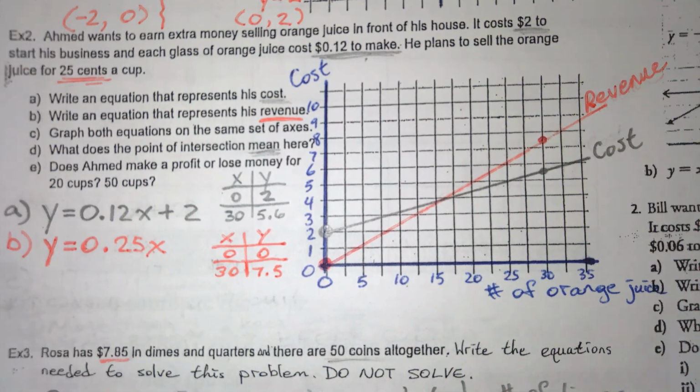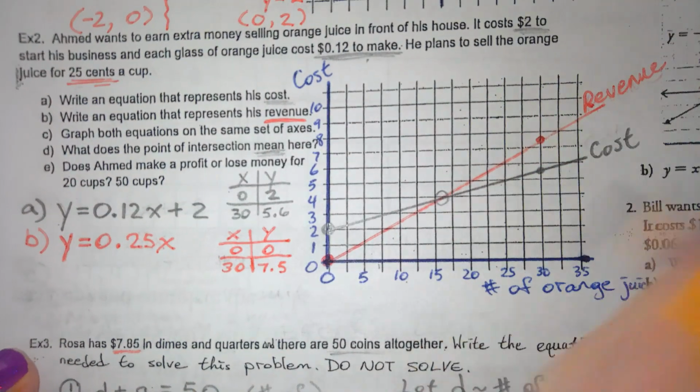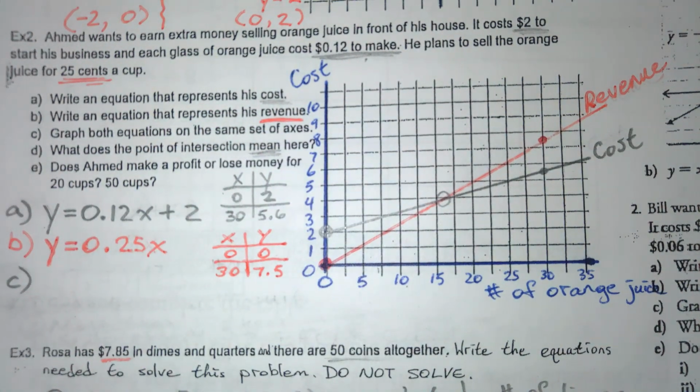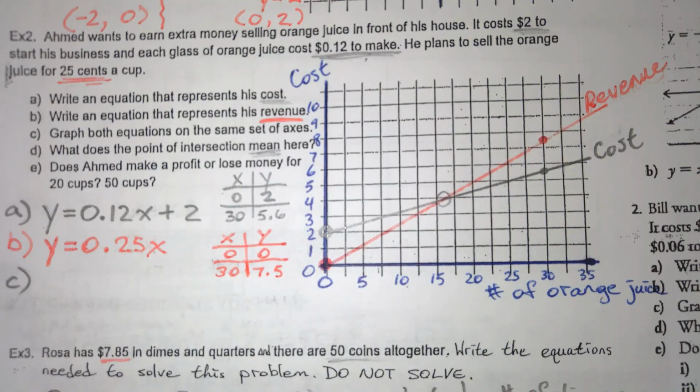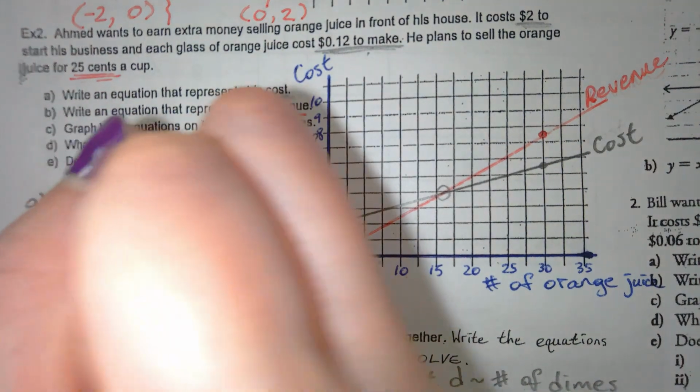Okay, so now that we have the graph, this point right here, just eyeballing it, Ariana, just looking at the point of intersection here, what does it look like? 17.4. Okay, I like that answer.